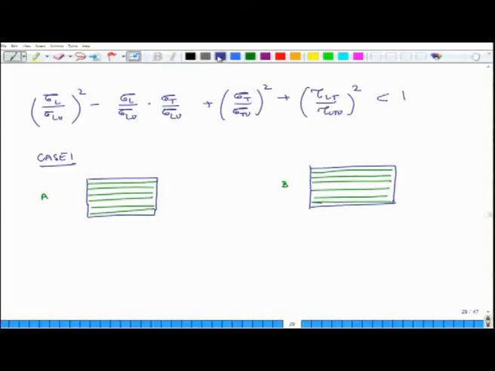The only difference in these two situations is that in the first case I am applying my shear stress in a positive way, so tau xy is positive, and in the other case the shear stress is negative.